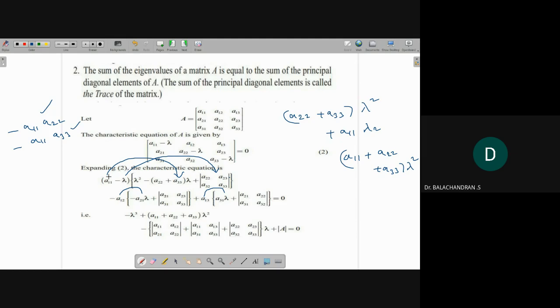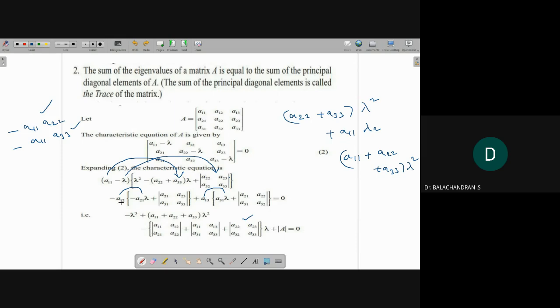Now I finished this part, and then minus lambda into this. So that is here directly, minus lambda, A22, A23, A32, A33. So I only need to tell this diagonal and this diagonal. This diagonal is minus, minus of minus plus. This diagonal is also minus, minus of minus plus.